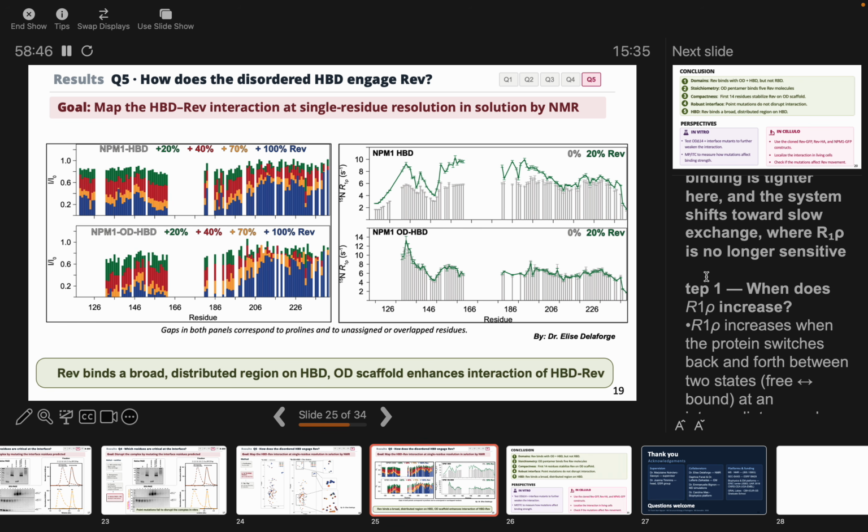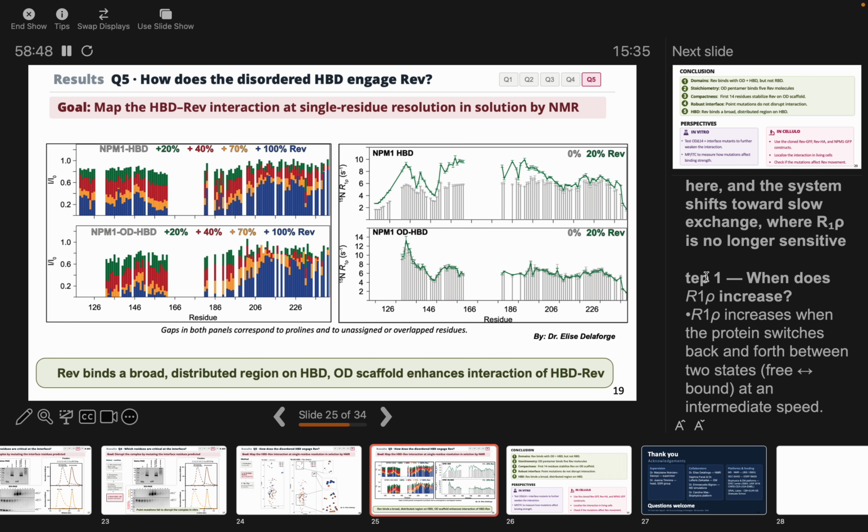First, the graph shows the R1 rho ratio. This data increases when the protein switches back and forth between the free and bound state, because it's in intermediate exchange.